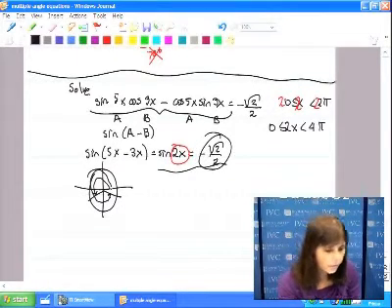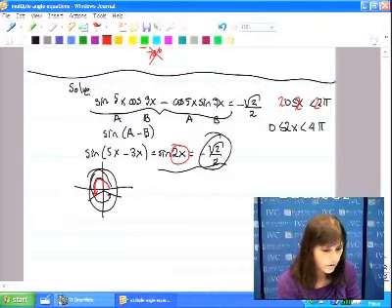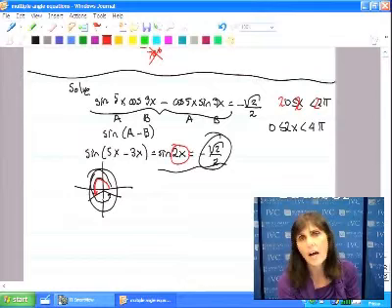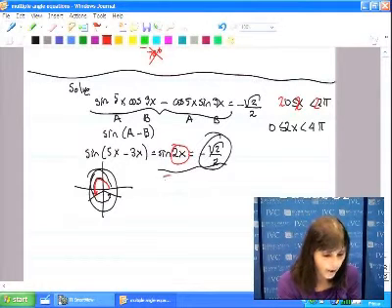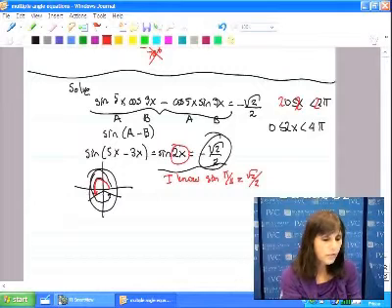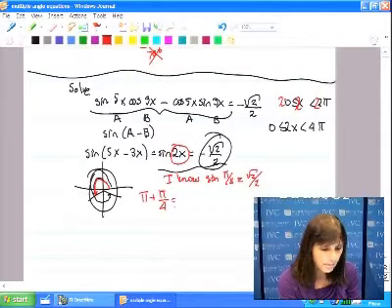What is the first one? Let's do this one. I know that the first one is going to be pi plus pi over 4, because I know that sine of pi over 4 is rad 2 over 2. So the first red one is going to be pi plus pi over 4, and that gives me 4 plus 1, 5 pi over 4.